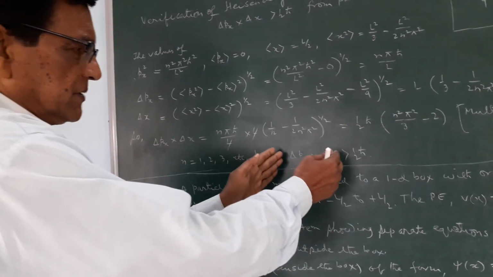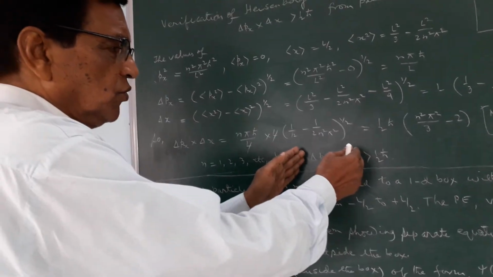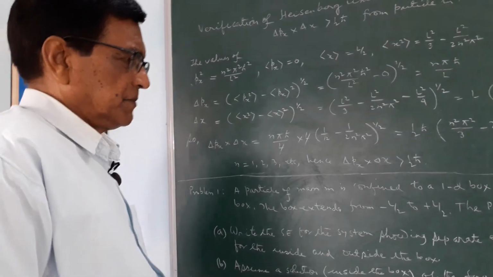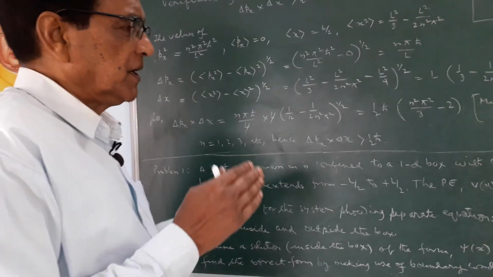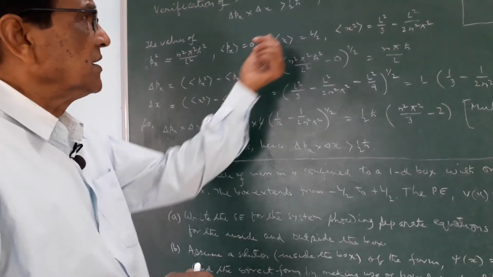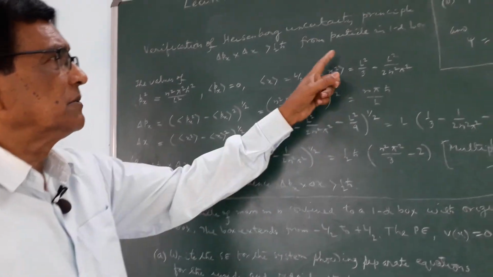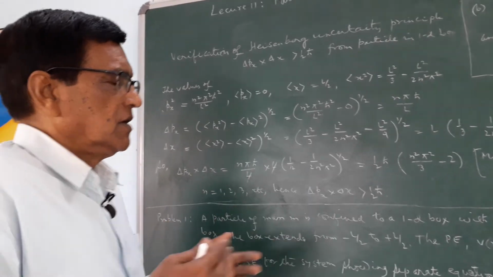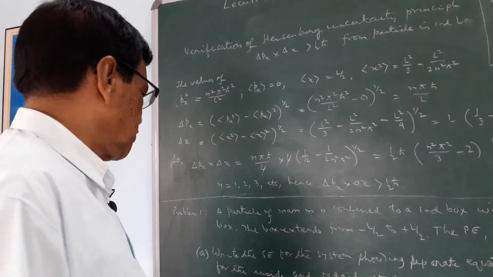This product of uncertainty of px and x will never be below half h cross. So this uncertainty principle is verified from this particle in a one-dimensional box.